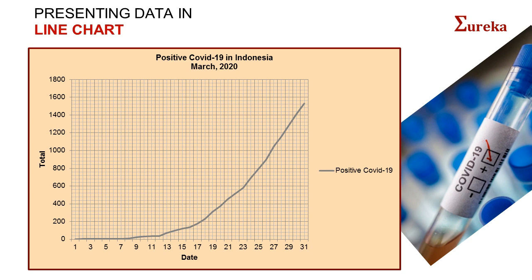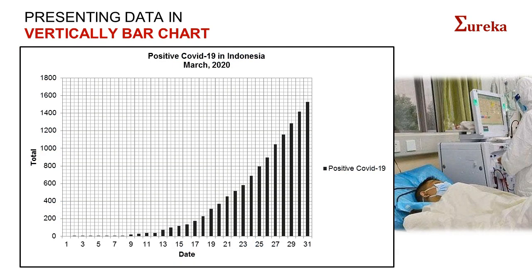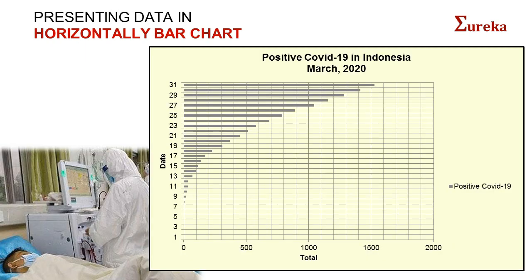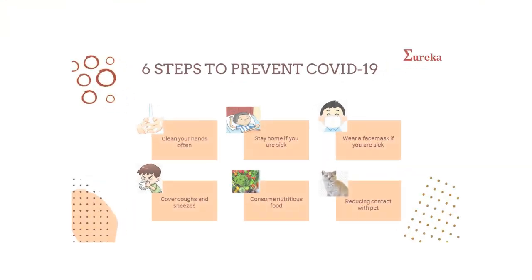Clearly, from presenting the data in the line chart and bar chart, we know that positive COVID-19 cases in Indonesia always increase. So, we should prevent the spread of COVID-19 in Indonesia.